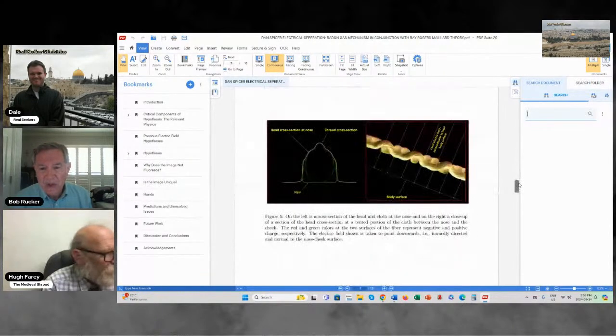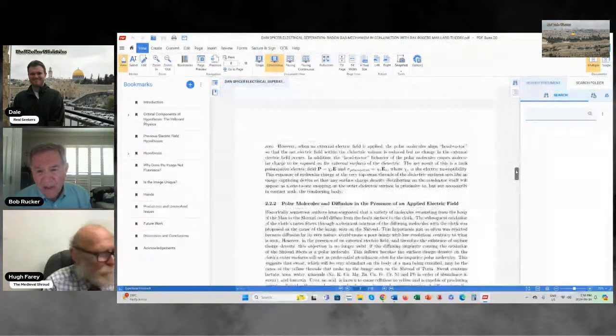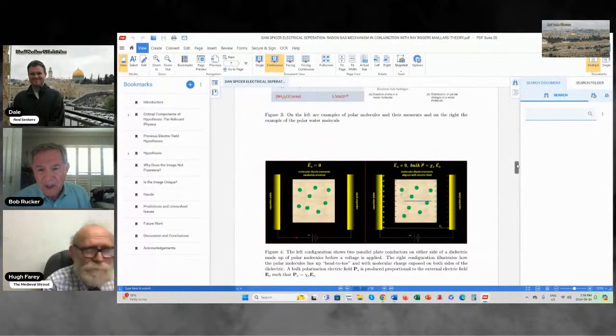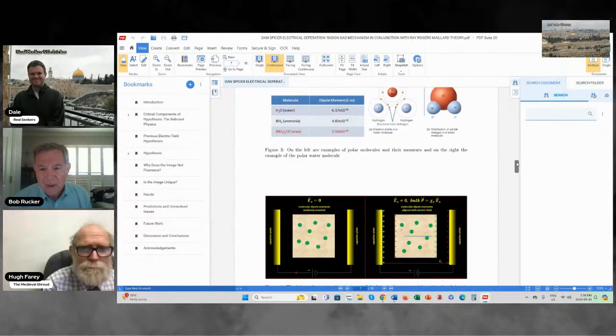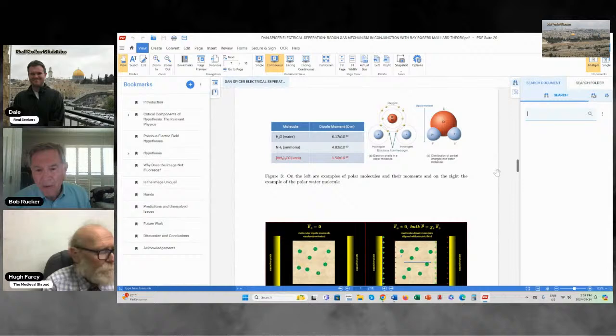Okay, so that shows the polar compound. Yes, you can see over in the far upper right-hand corner, the hydrogen atoms are at an angle to each other because of the locations that the electrons are circling in the carbon and hydrogen atoms.